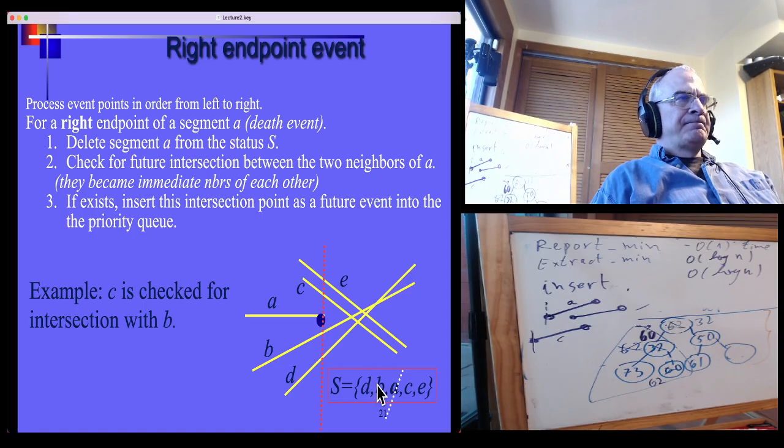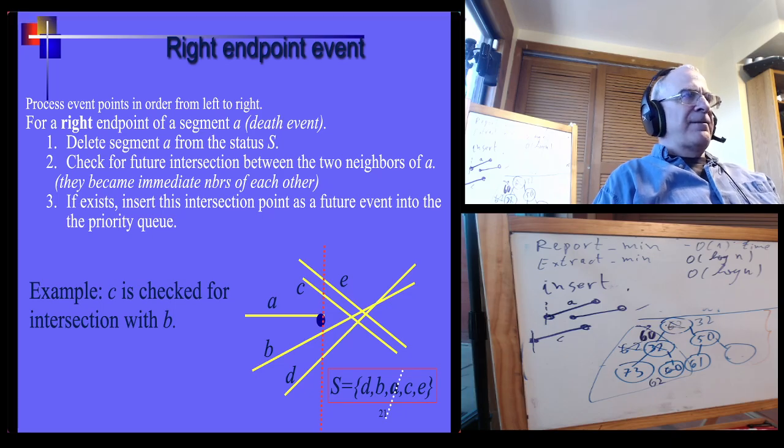It is B. These are the two neighbors of A. Check for intersections between them, and if there are intersections in the future, insert them into the heap.